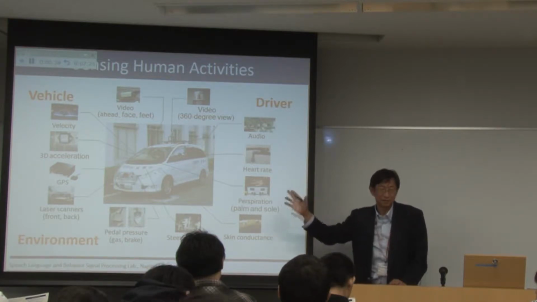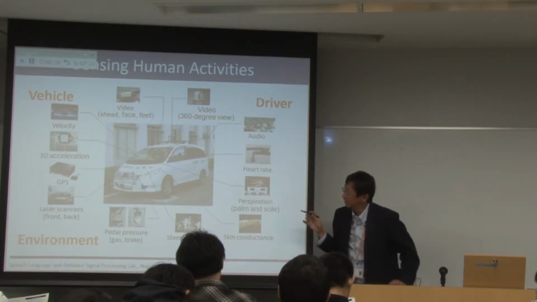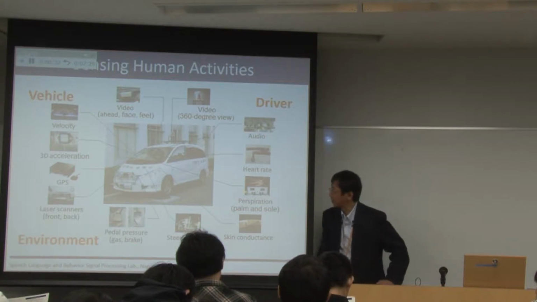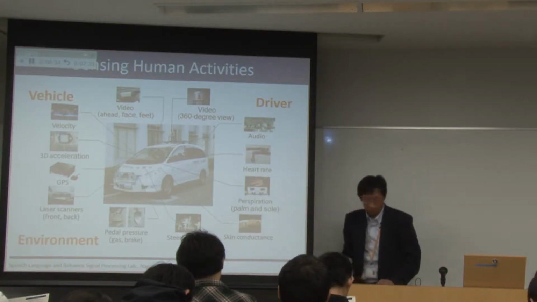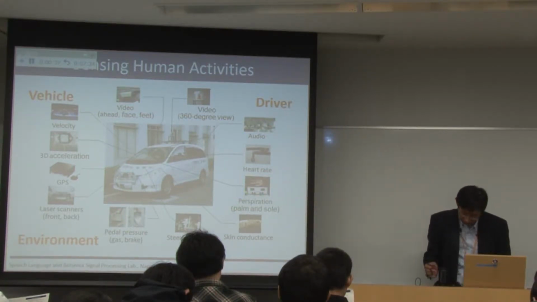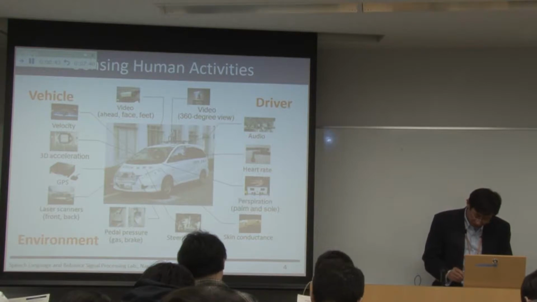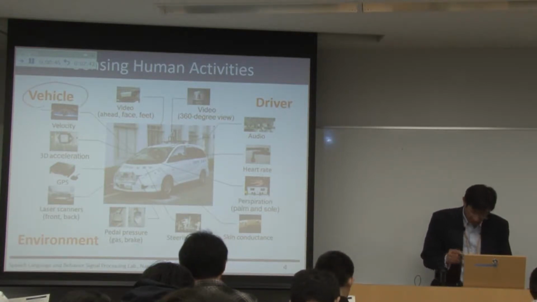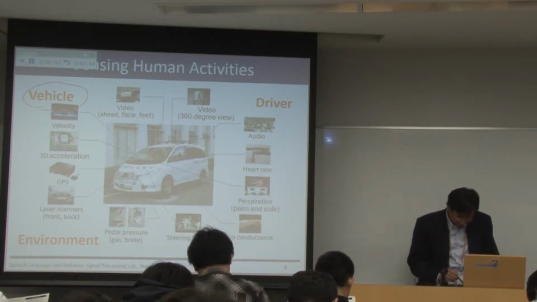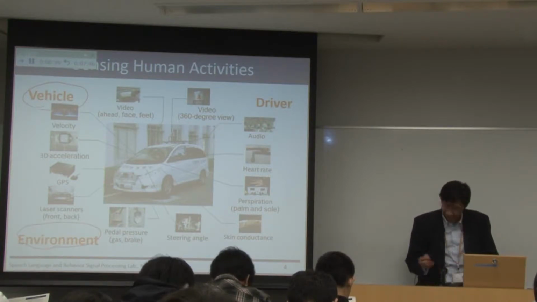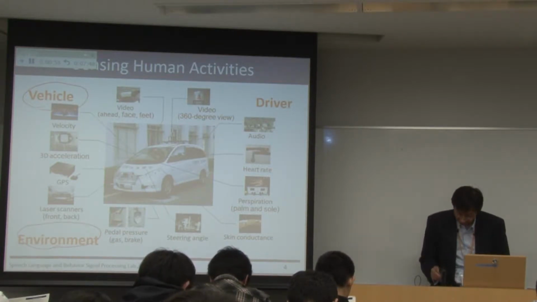Currently, these sensors are very old and not so sophisticated. But the important thing here is that we capture many things, which are roughly divided into three groups. One is signals associated with the vehicle, one is signals associated with the environment, and one is signals associated with the driver. Okay?